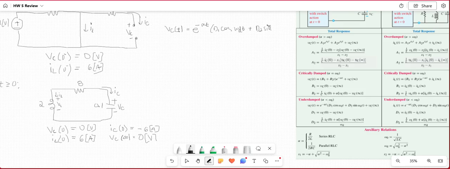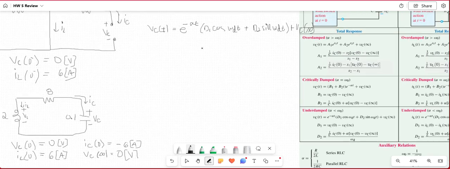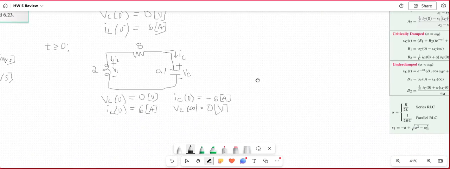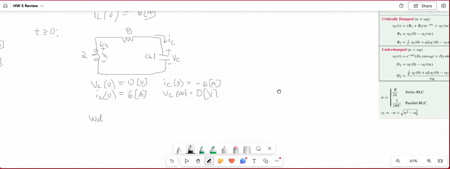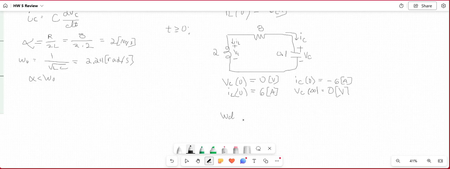In order to get that, we need W naught squared and alpha squared, which we found over here.